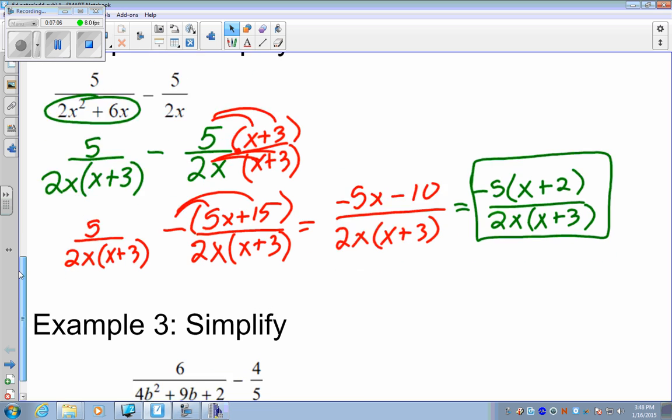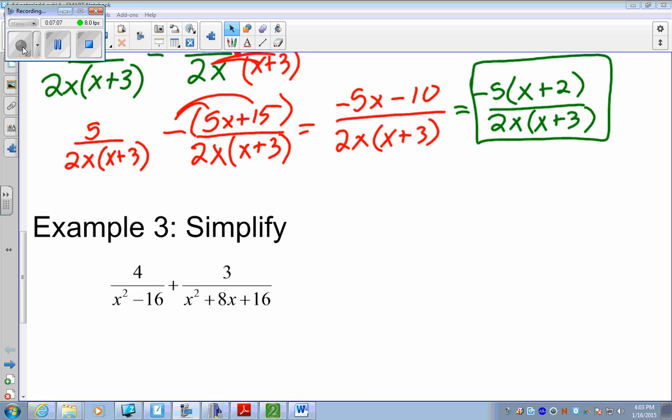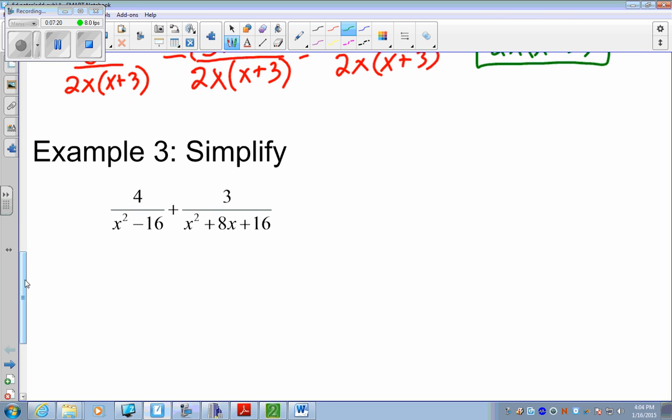For the third example, we need to, again, factor the numerators and denominators. In this case, only the denominators are factorable. So we look at the first denominator of the first fraction. And you can put this into the calculator if you'd like and find the x-intercepts.